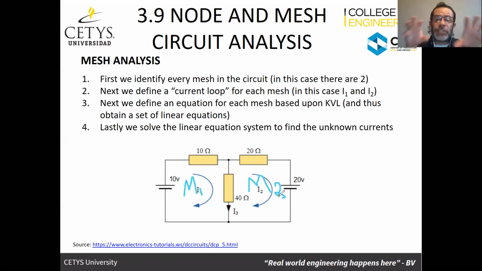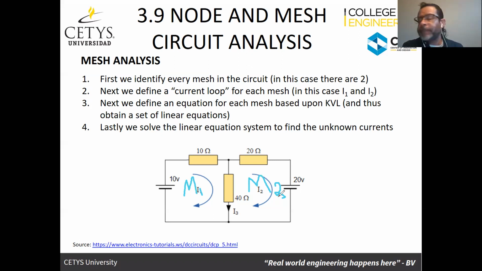Next, for each of the meshes we've identified, we're going to establish what we're going to call a current loop. What does that mean? We're going to establish a current, tagged with a certain name, that goes through the mesh. By the way, this goes back to a question that JC had in the previous session: what if we establish the current in one direction or the other?